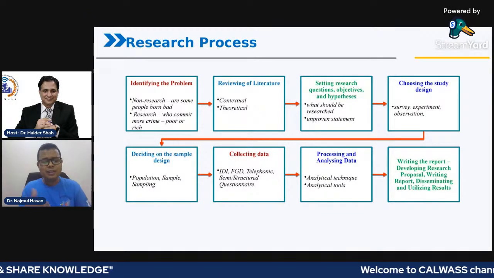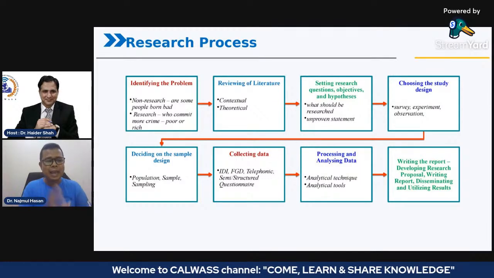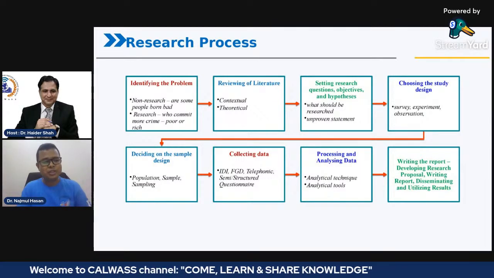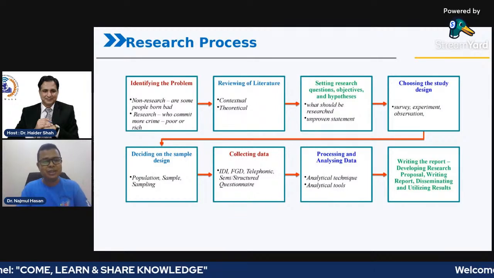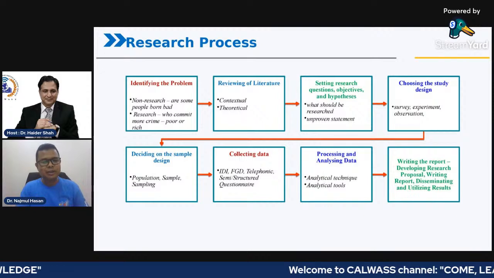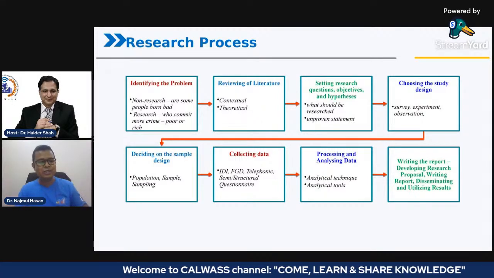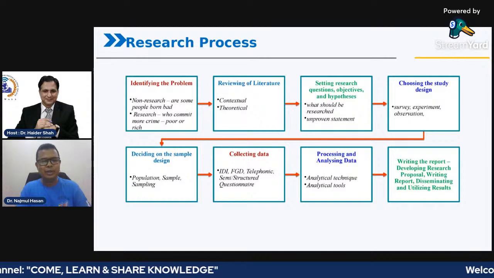But in the second part, my suggestion is to explore what types of theory they used, what the gap is in the context of your study in the previous theory, and how you can introduce or explore a new idea, or extend the theoretical contribution, so it can be a good contribution. So please, during your literature review, focus on this, right? There are two types of review: contextual and theoretical, right?